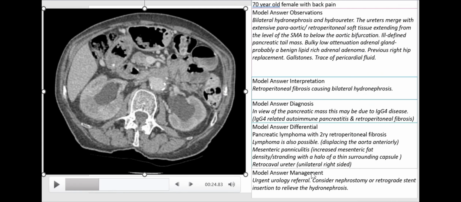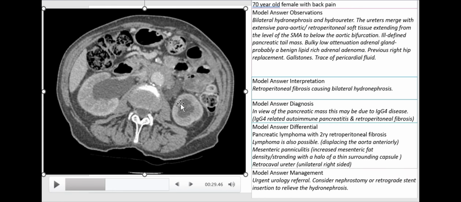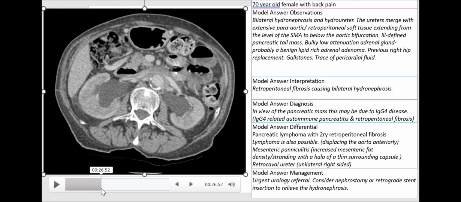What about the management? This patient has bilateral hydronephrosis and hydroureter, so he needs urgent urological referral, okay, for insertion of bilateral nephrostomy tubes to relieve the obstructed kidneys, to relieve the hydronephrosis.